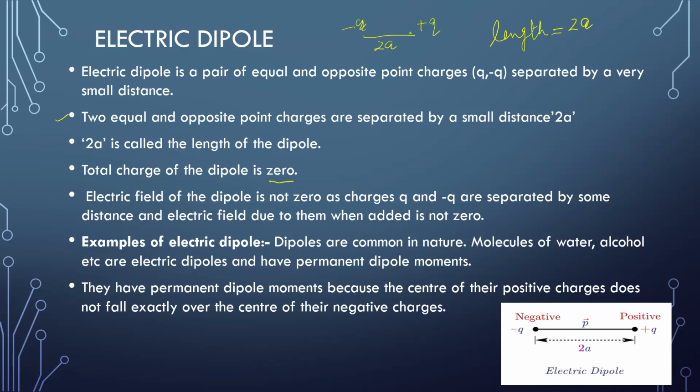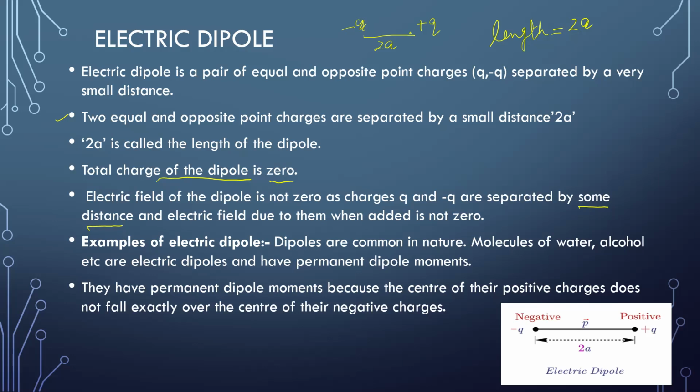The electric field due to the dipole is not 0. Total charge on the dipole is 0, but the electric field of the dipole is not 0, because the two charges minus q and plus q are separated by some distance, and the electric field due to them when added is not equal to 0.